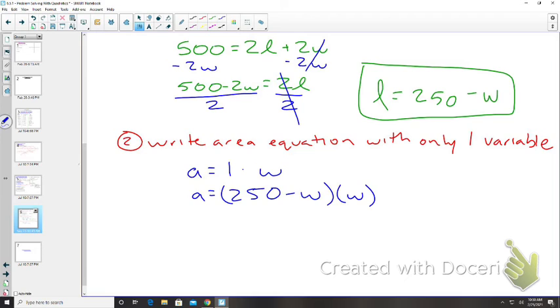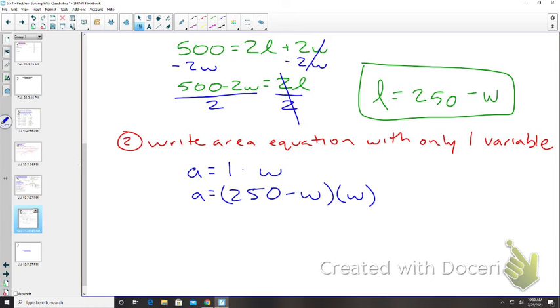Okay, now what? How do I make this a quadratic? What are the degrees of my variables here? What is the level of the exponent on these? It's just 1, right?